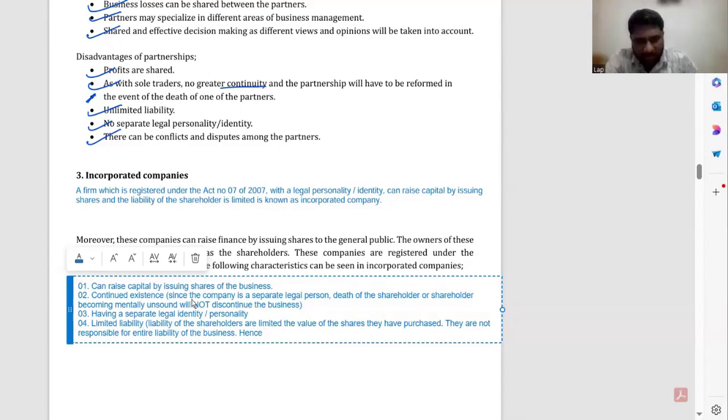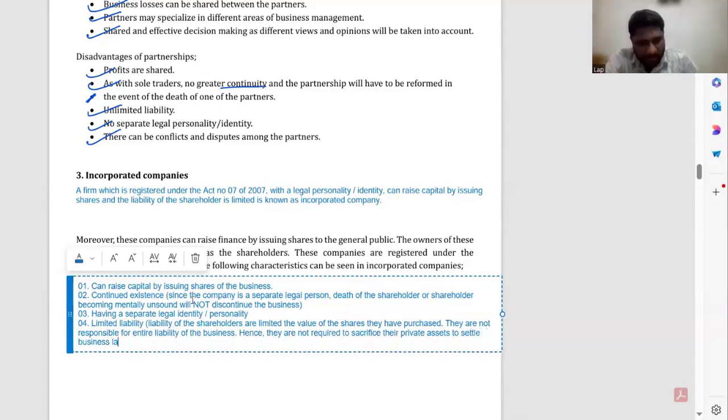Hence, they are not required to sacrifice their private assets to settle business liabilities, as in a sole trader or partnership business.